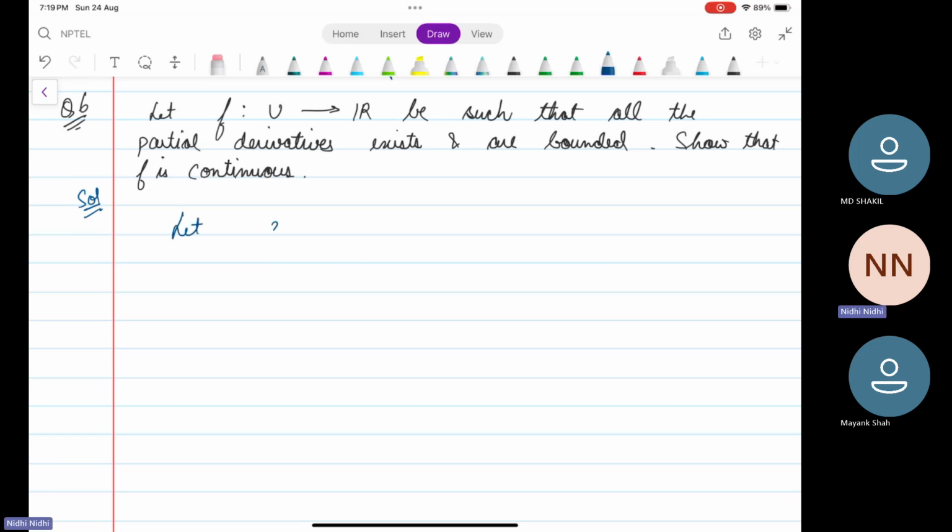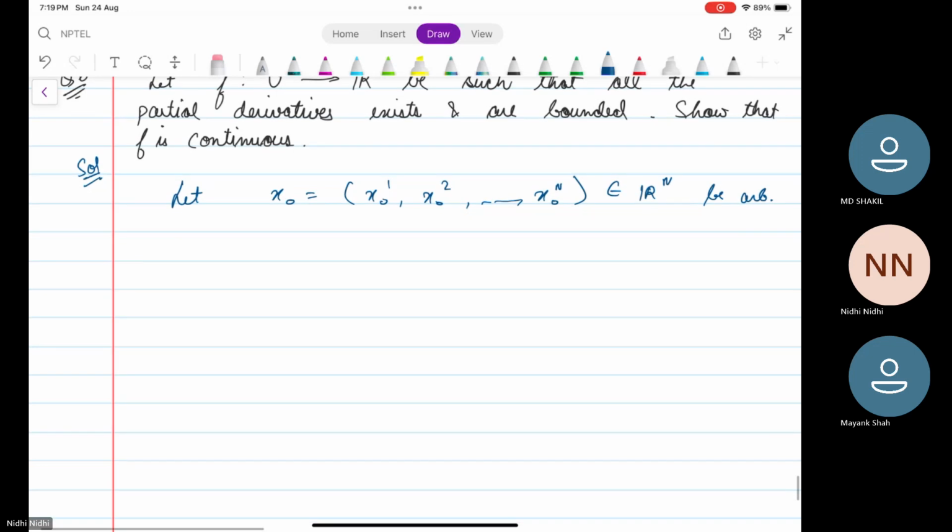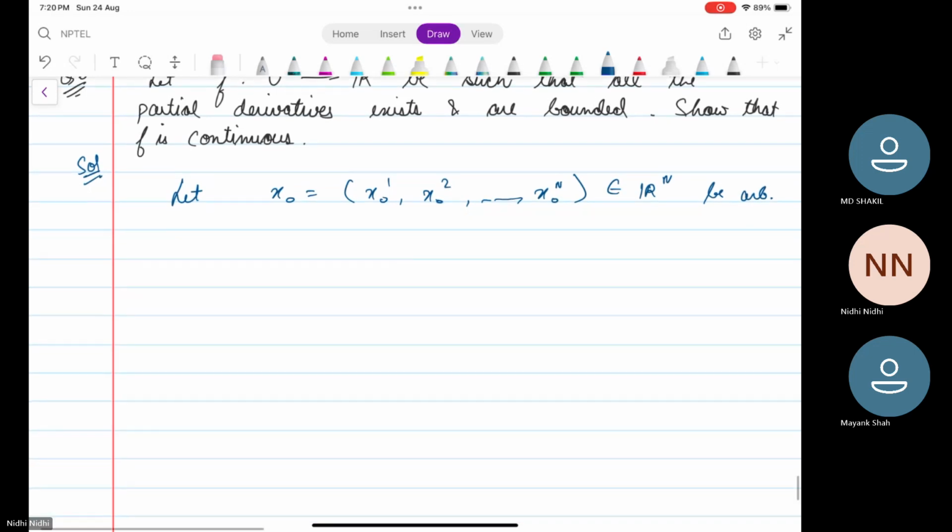Let x naught equal to (x naught 1, x naught 2, so on up to x naught n) belonging to Rn be arbitrary, an element of U. So we'll be checking the continuity at the point x naught.